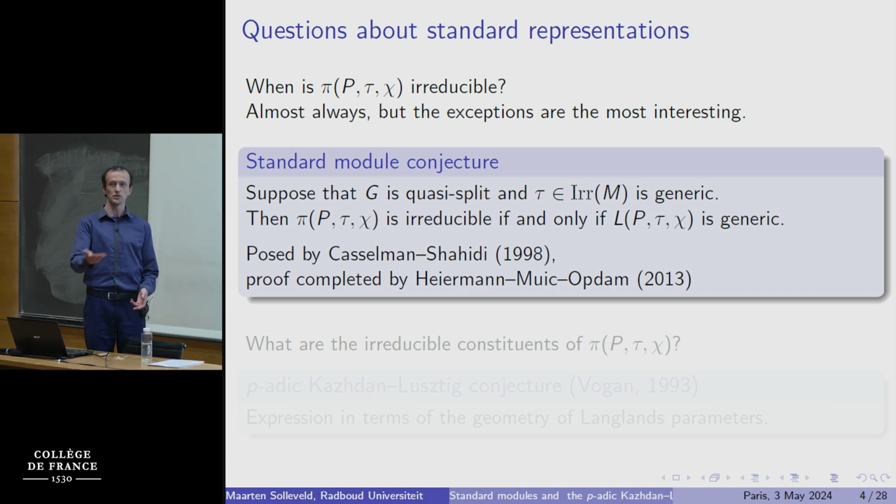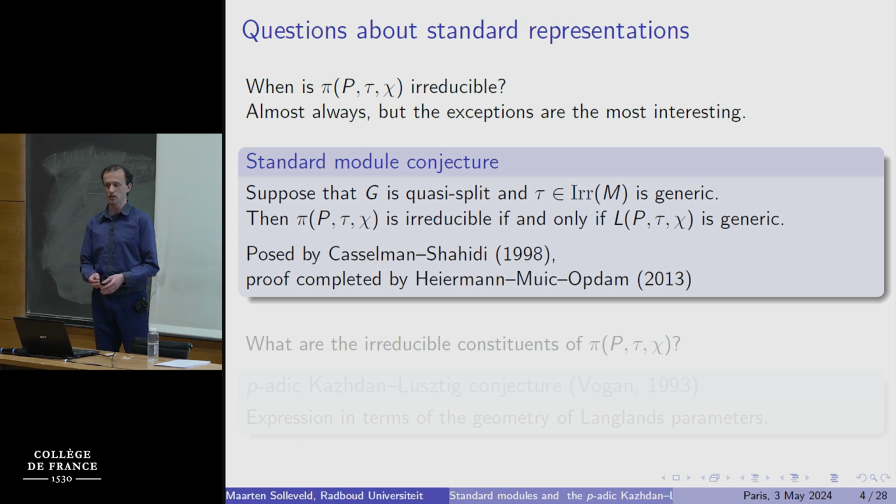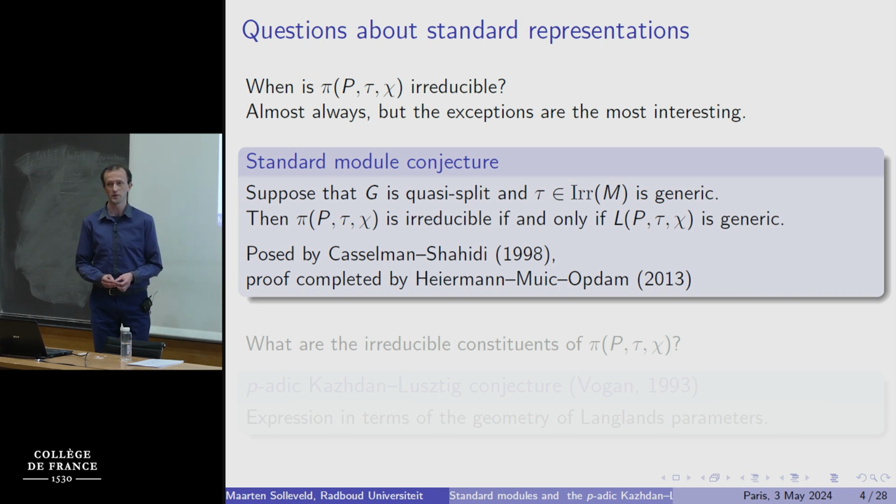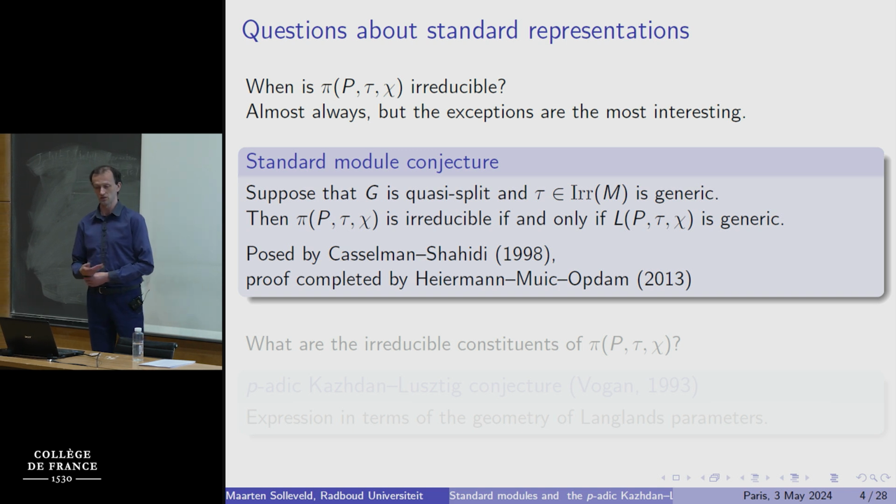In that case, the Langlands quotient coincides with the full standard representation, and that's the only possibility if you require that this Langlands quotient is generic. This has been shown mainly by Volker Heiermann in collaboration with other people.